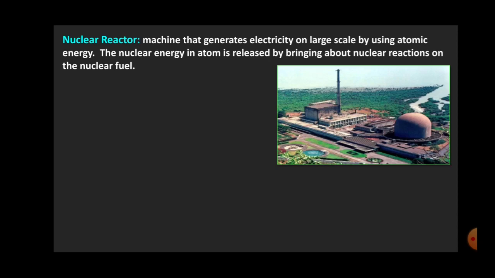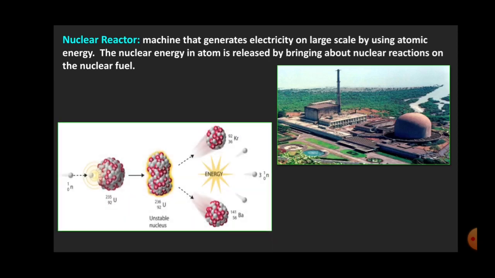Nuclear fuel is the raw material which is used to produce the electricity, right? And in this, the atomic energy is used. So, now in this machine, the electricity is produced with the help of the atomic energy.